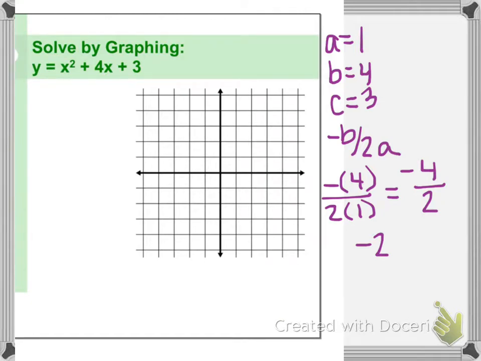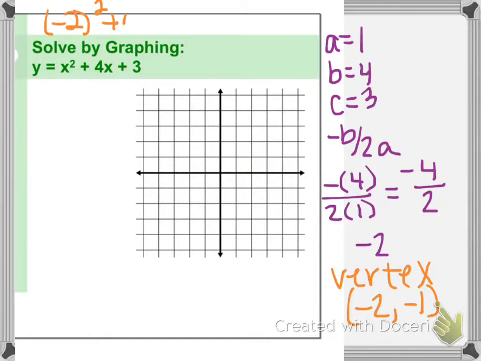So plug in -2 for x, solve for y, and I got -1 for y. So my vertex is at -2, -1, because I went up here and I said, okay, -2 squared plus 4 times -2 plus 3. You have to always plug it in. So -2, -1 is where I'm starting.